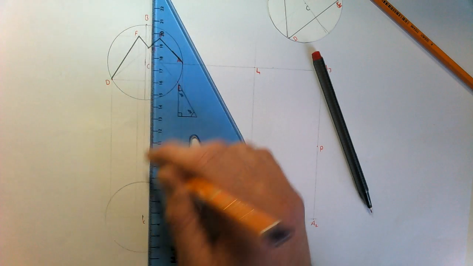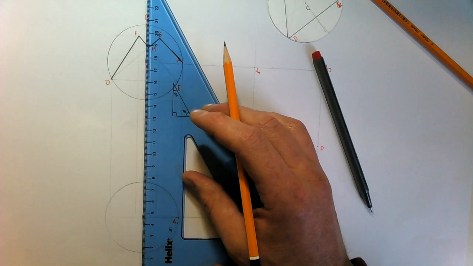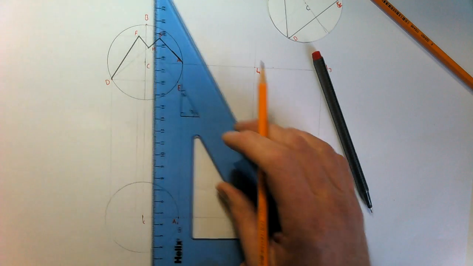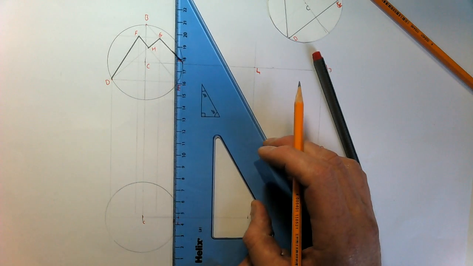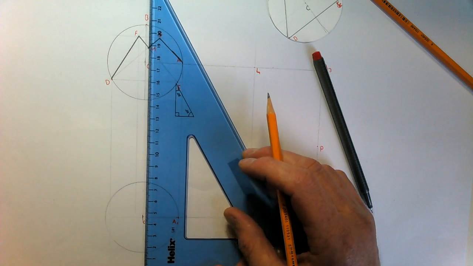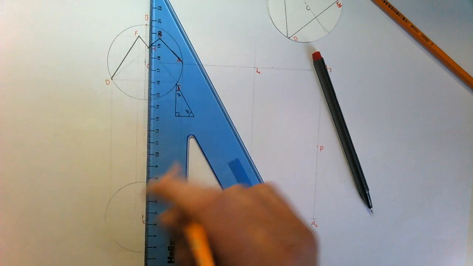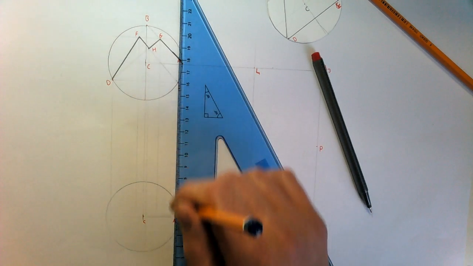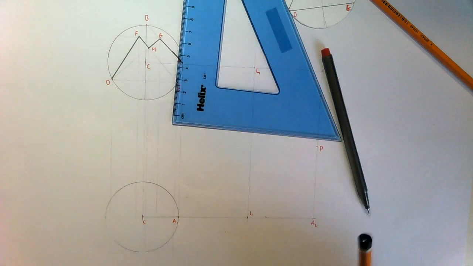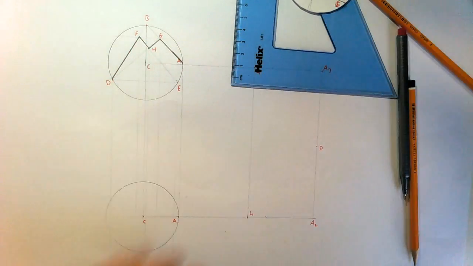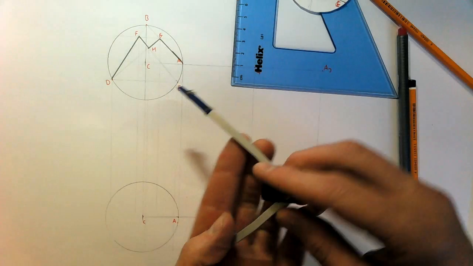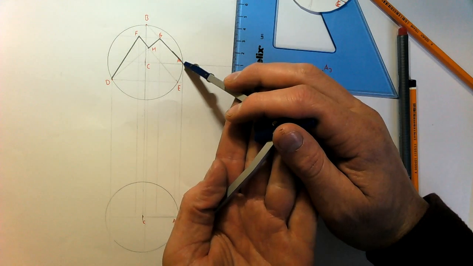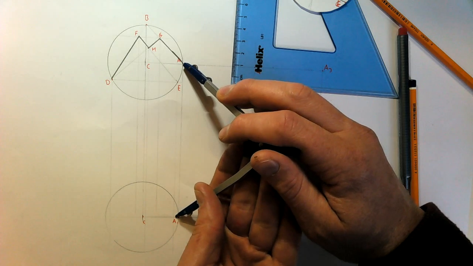B comes down here, so B and C are on the same line. G and H are in there, and D. Now compass work: get the distance between A and A1.